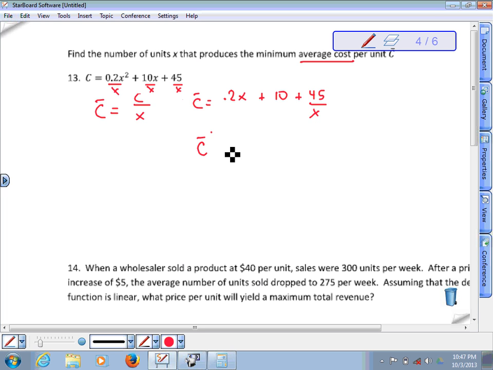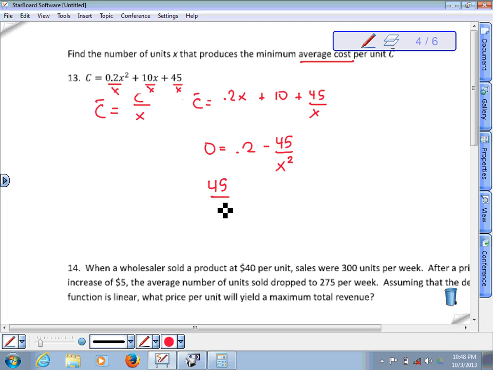Now we take the derivative, and we're going to get 0.2 minus 45 over x squared. If we set this equal to 0, I'm going to add this term to the left side.